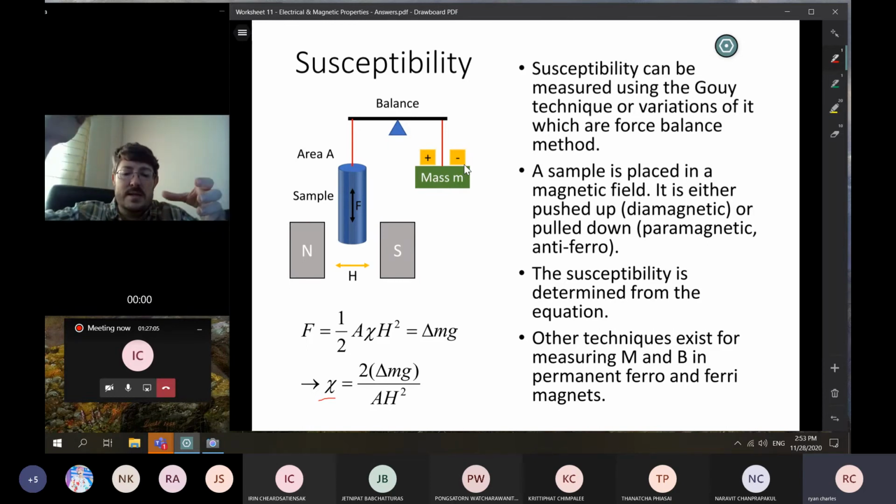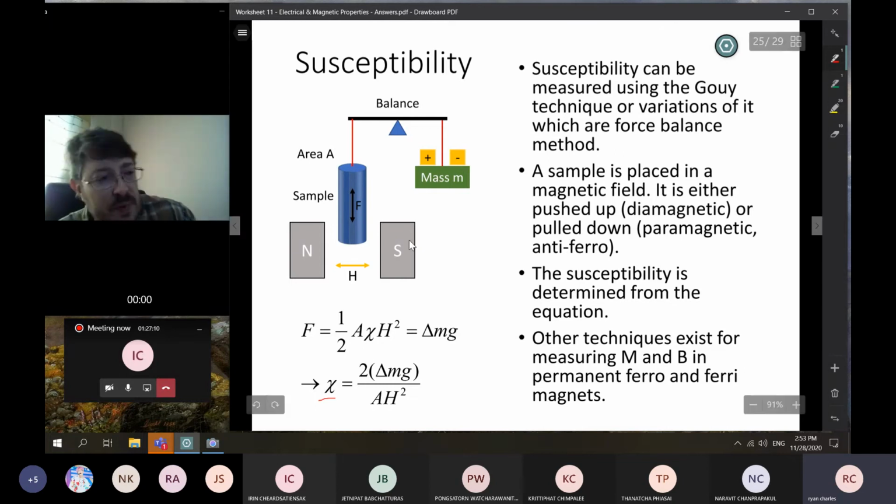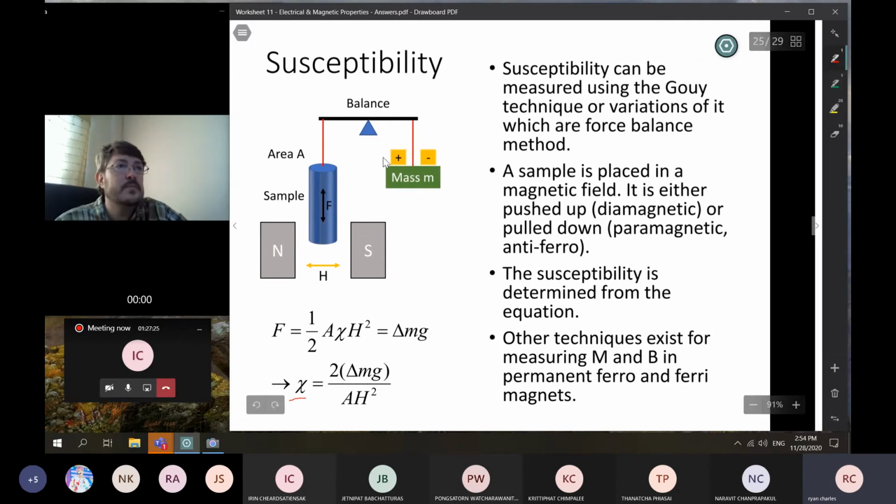We rebalance it by adding or subtracting mass to the counter, and from that you can figure out susceptibility. There are other techniques you can use to measure things like M and B in permanent ferro and ferrimagnets. This only works on para and diamagnetic materials, basically.